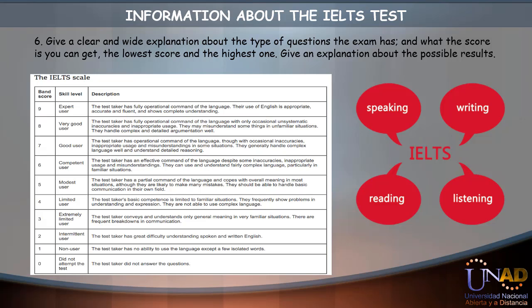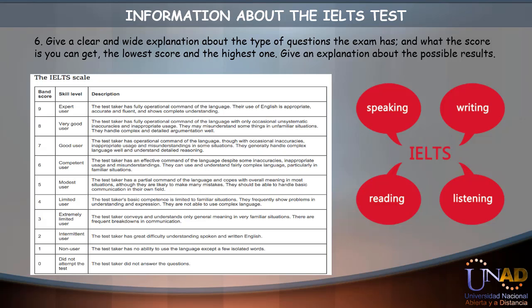Band 7. Good user: the test taker has operational command of the language, though with occasional inaccuracies, inappropriate usage, and misunderstandings in some situations. They generally handle complex language well and understand detailed reasoning.